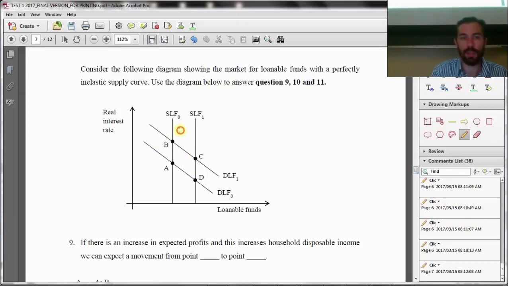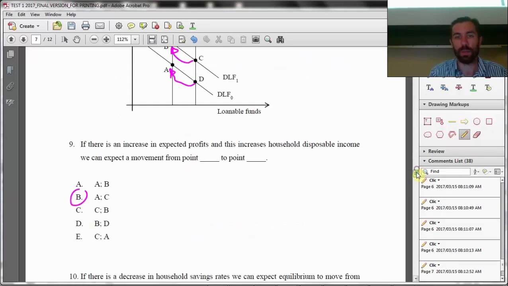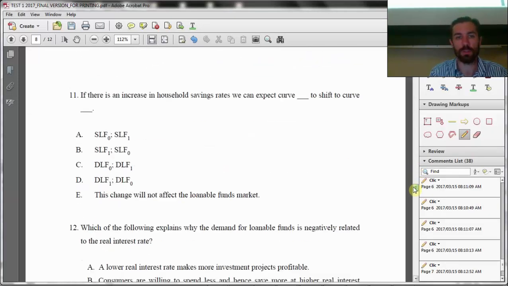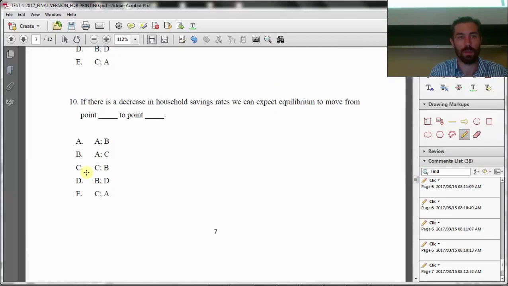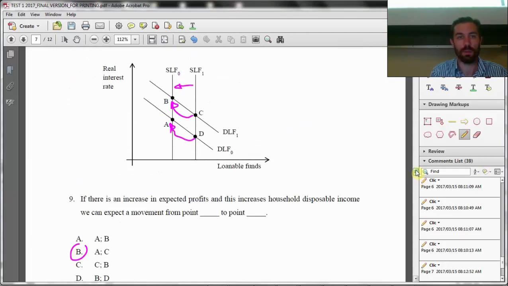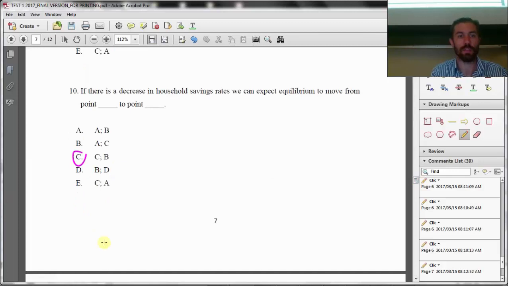Okay, if your supply is shifting to the left, there's a couple of options. We could have D to A, or we could have C to B. Both of those would be okay. Do we have any of those options? Well, we've got C to B. We don't have D to A, so that's the only option that's going to work for us.